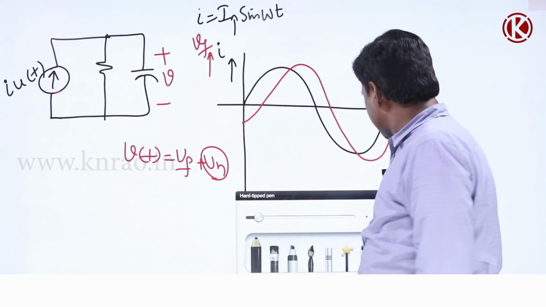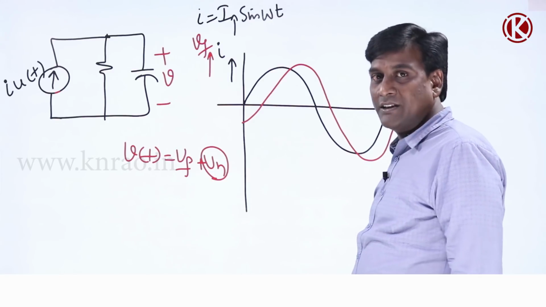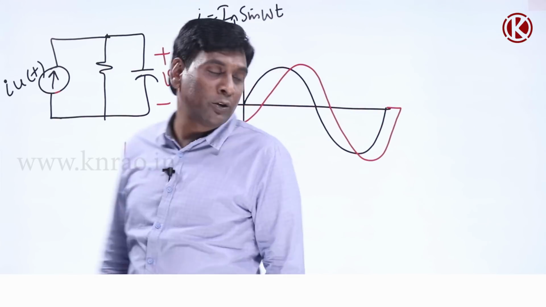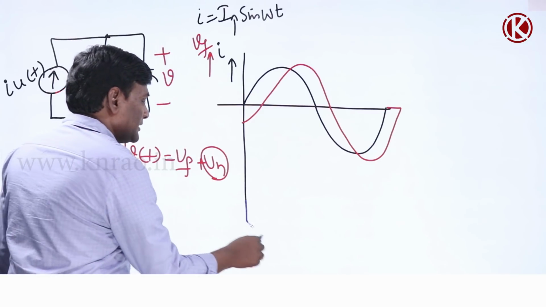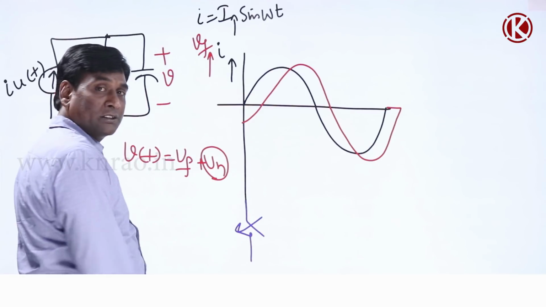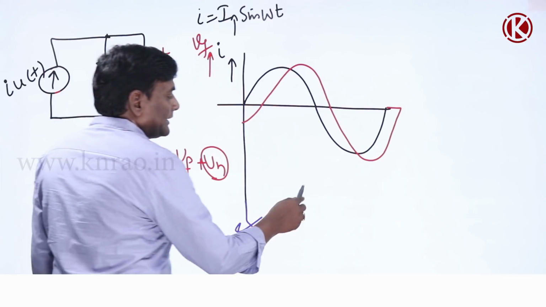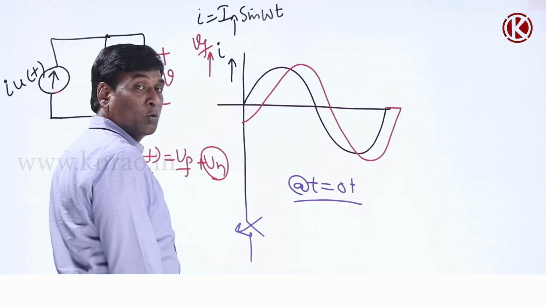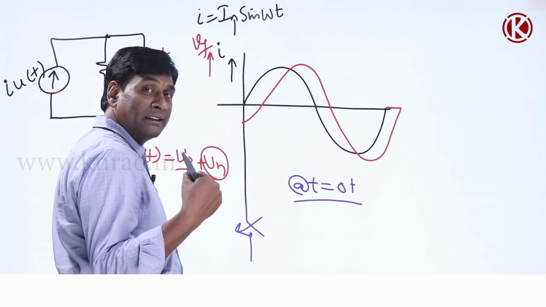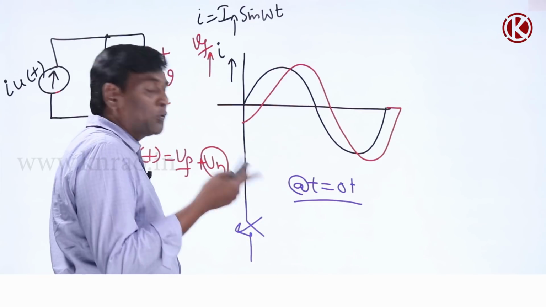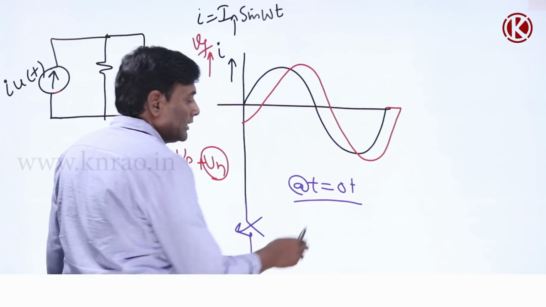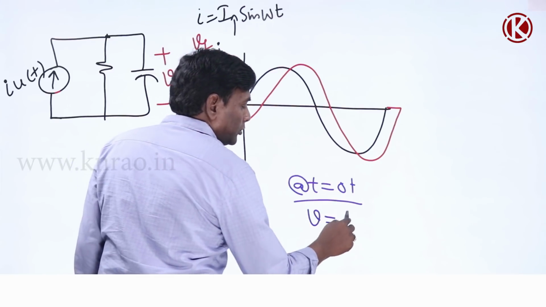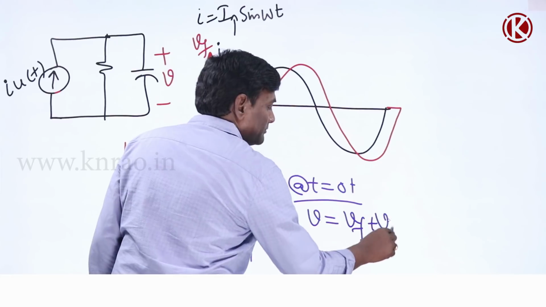Now if I think of closing the switch, because this is the forced response, for example, if I close the switch here, at t equal to 0 minus how much was the voltage across the capacitance? 0. So at t equal to 0 plus, the voltage will be 0 only. So v equal to forced plus natural.